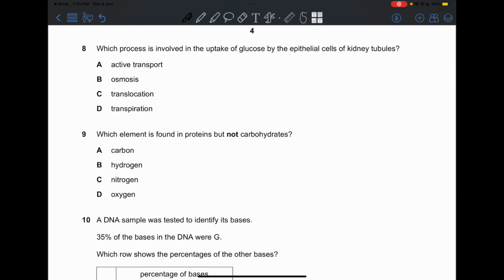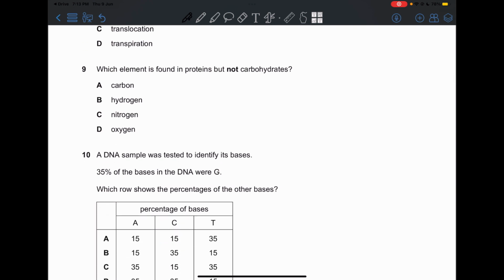Number 8, which process is involved in the uptake of glucose by the epithelial cells of the kidney tubules? We know this is an example of active transport, as it's written in the biology syllabus. Now number 9, which element is found in proteins but not carbohydrates?